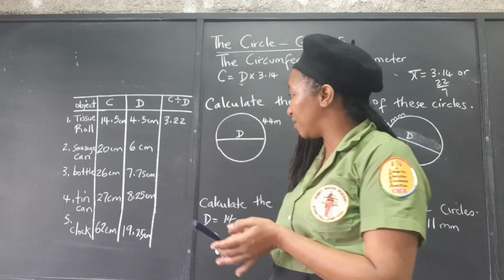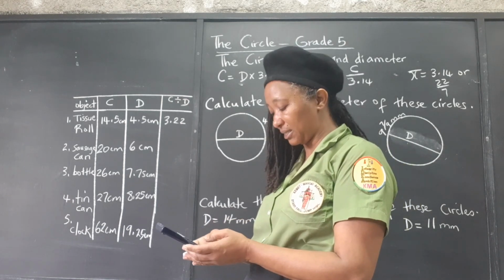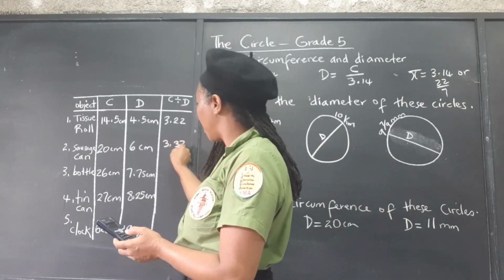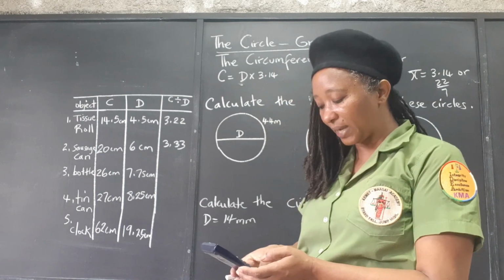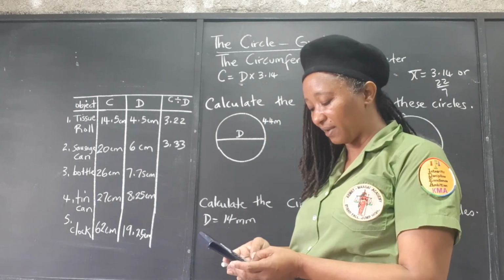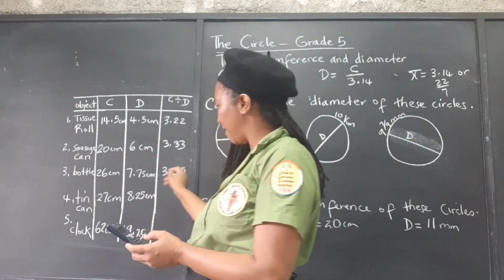The sausage can, the circumference is 20 divided by 6, and that's 3.33. The bottle, 26 divided by 7.75, 3.35.